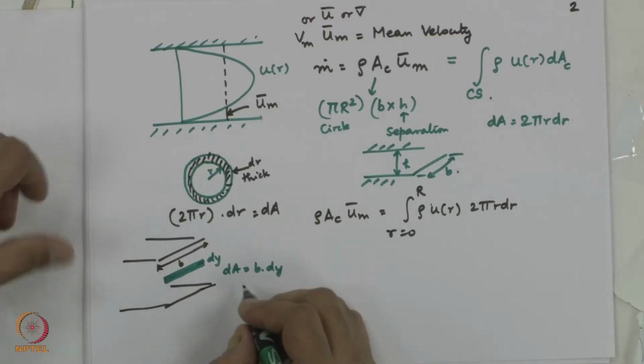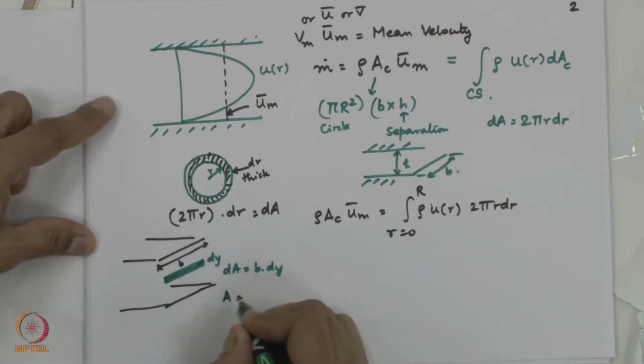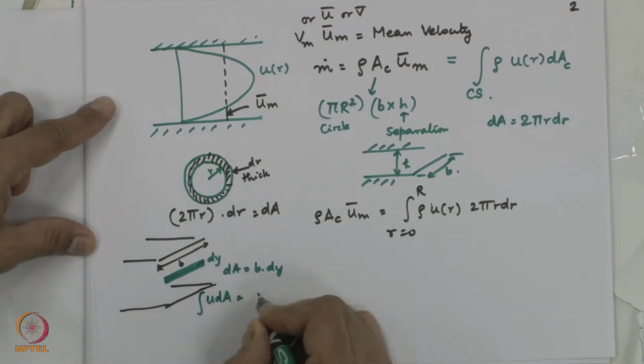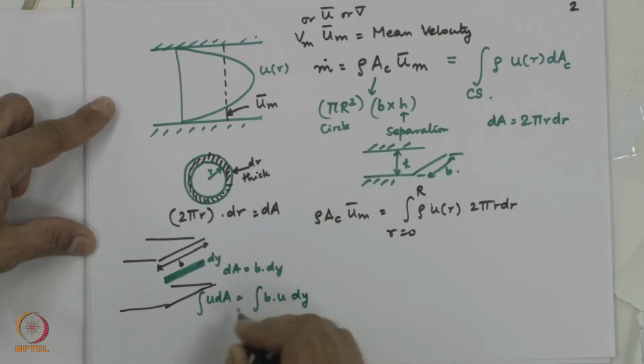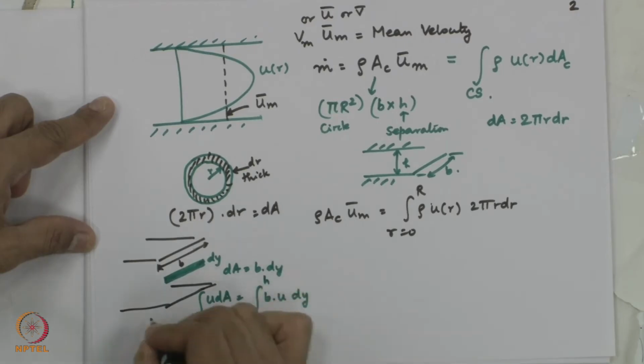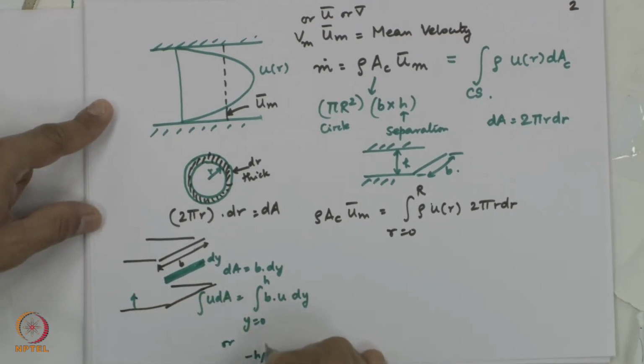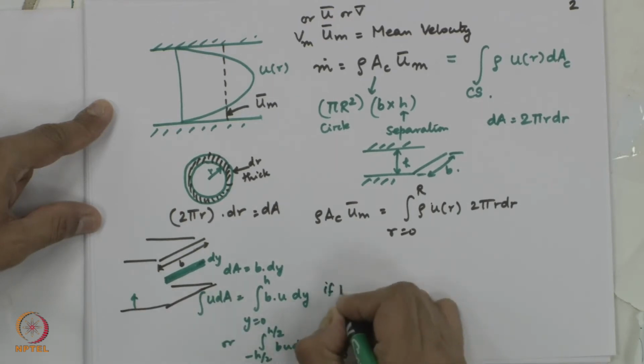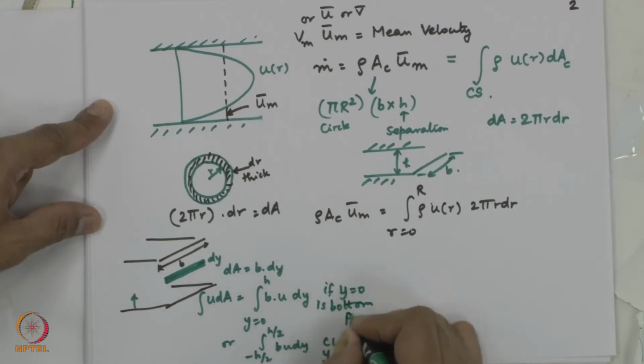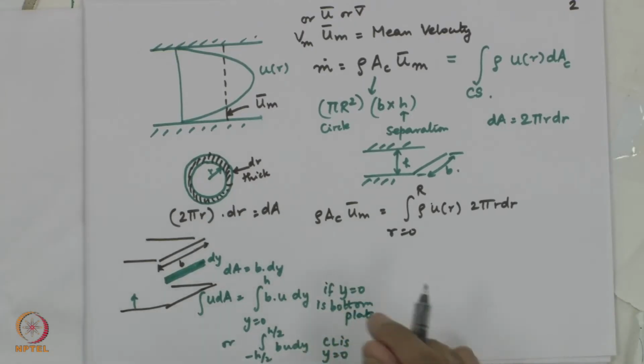Based on your coordinate axis, the integral of u dA is nothing but B times the integral of u dy, y equal to 0 to h if this is your starting axis, or minus h by 2 to plus h by 2 if the center line is y equal to 0, or if y equal to 0 is the bottom plate. So, this is only a mathematical change, the concept remains the same.